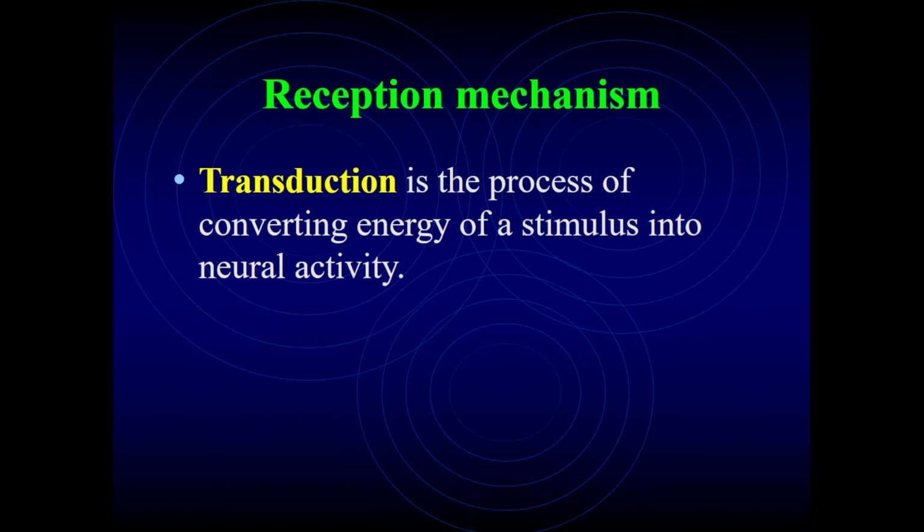What for? Because our nervous system understands just one language. It's action potential. Information can transmit only by traveling of action potentials along the nerve fibers.